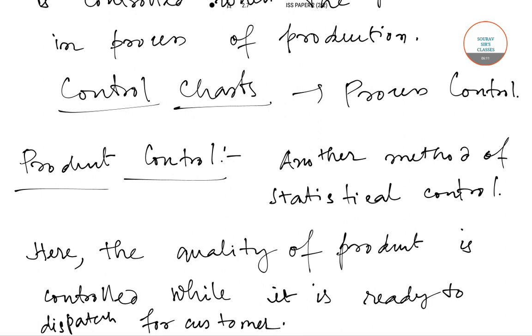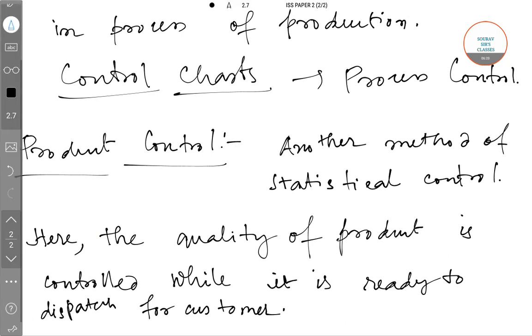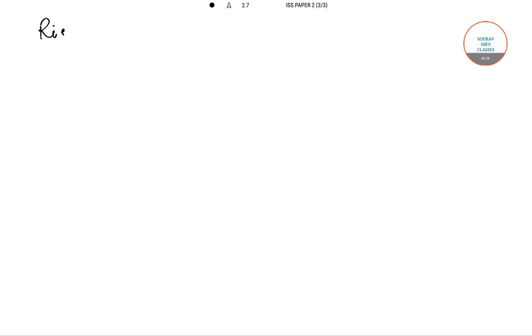Now I'll be talking about producer's risk and consumer's risk. So what are the risks in acceptance sampling? As acceptance sampling helps us a lot in product control, we need to know about the risks.